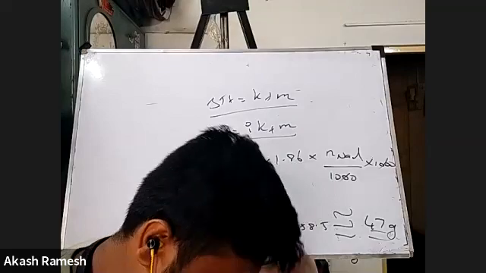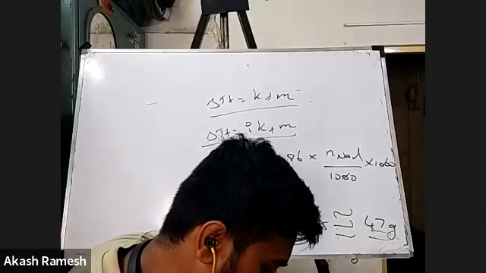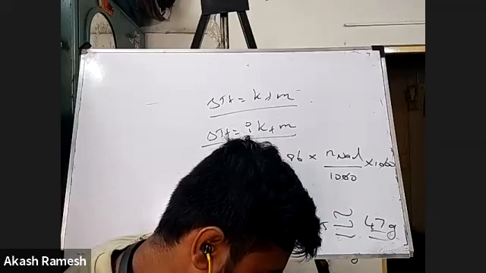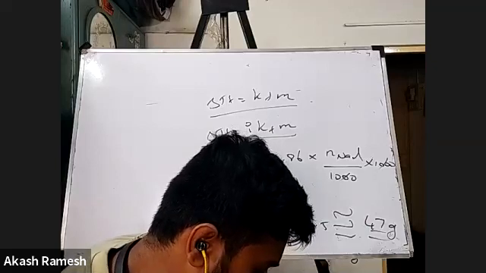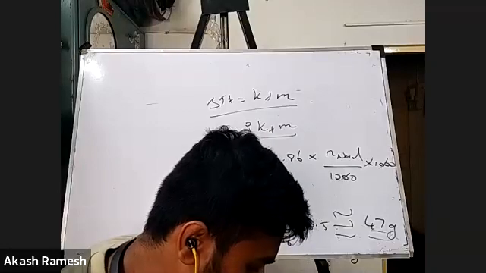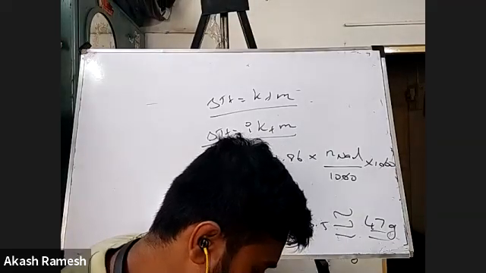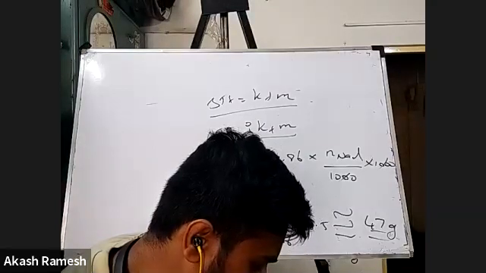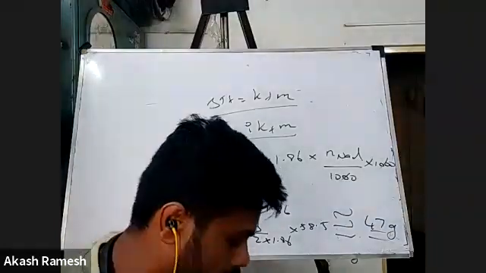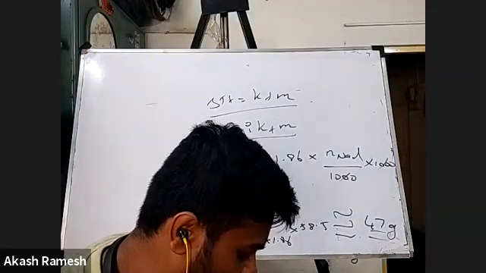Okay. A half cell in a galvanic cell is constructed by dipping a silver wire in a silver nitrate solution of unknown concentration, right?